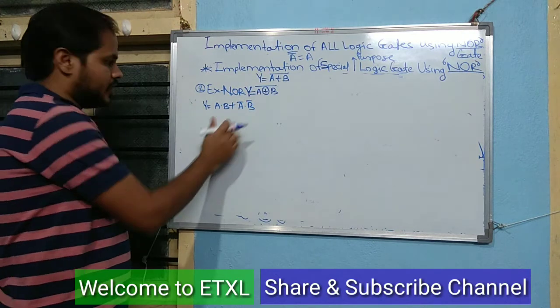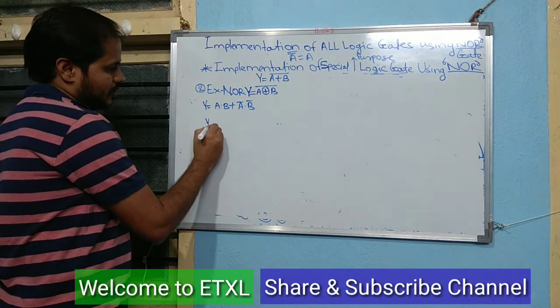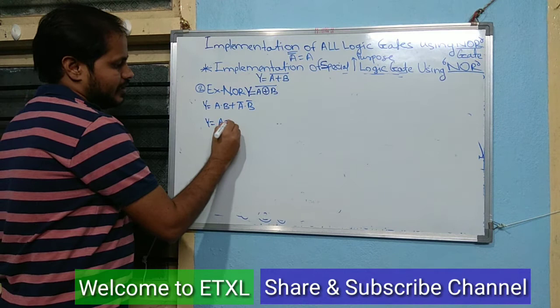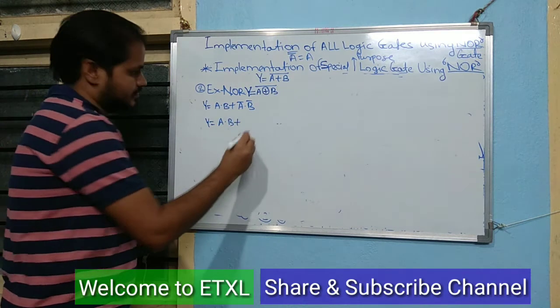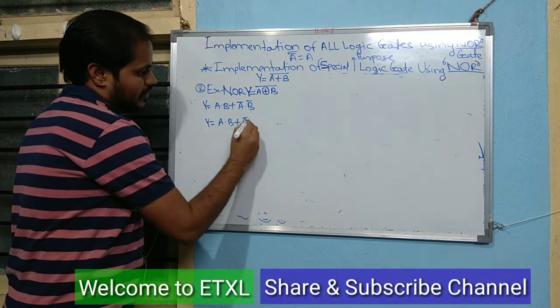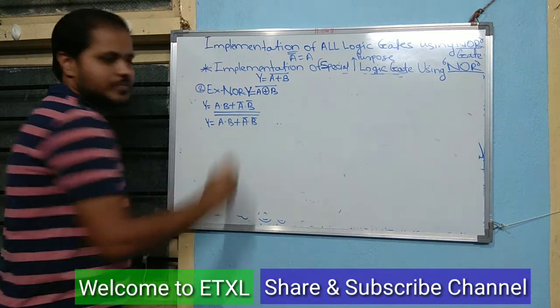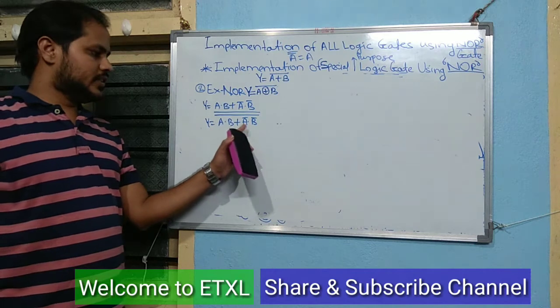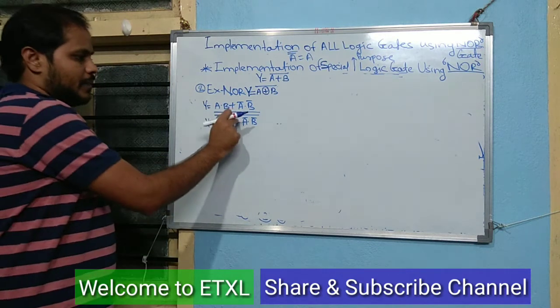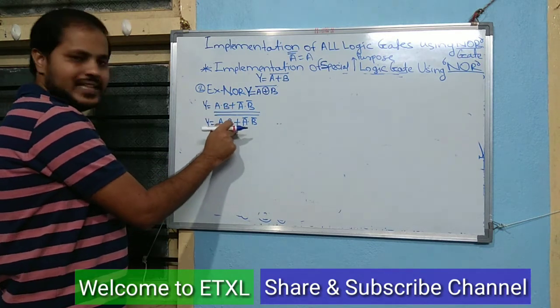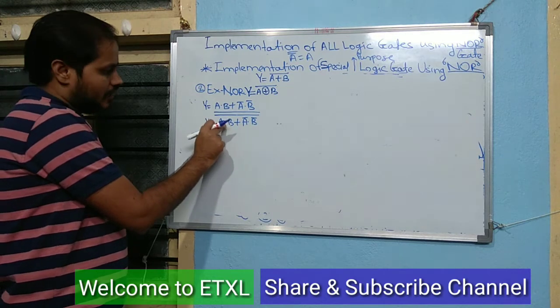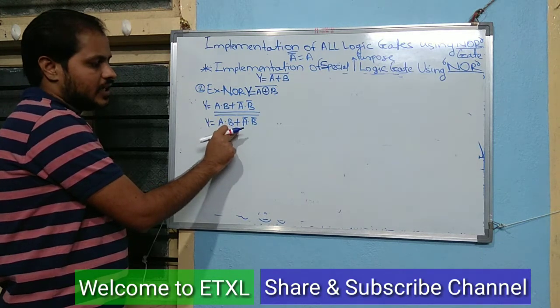Apply the double inversion law here. Then the equation becomes Y equal to A into B plus A bar into B bar, whole of this bar. This is the double inversion law. Apply De Morgan's theorem: first complement inside this equation, then conversion of multiplication into addition and vice versa.